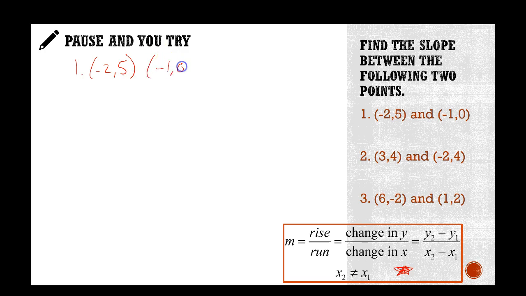All right, the first one, I would do 5 minus 0, and then negative 2 minus a negative 1, which would give you 5 over negative 1, which would be negative 5.